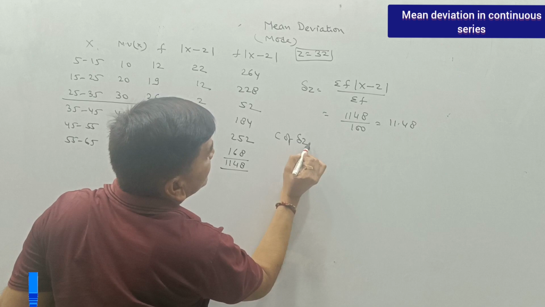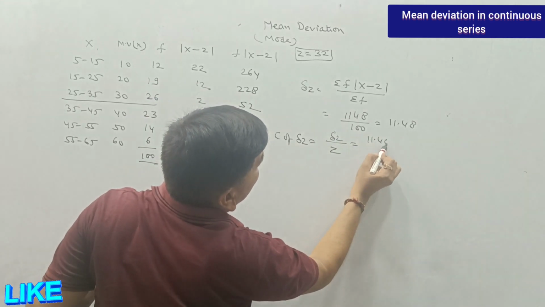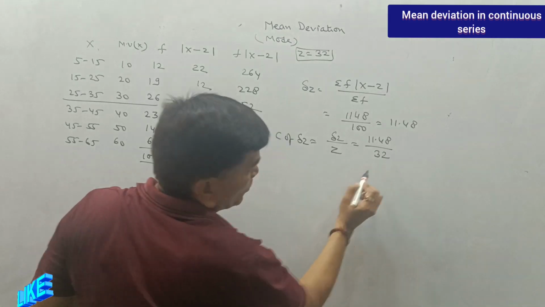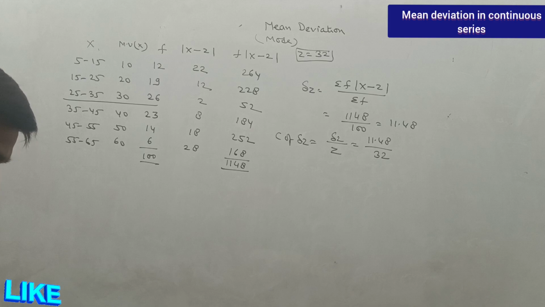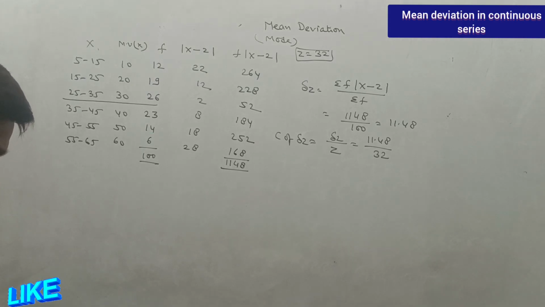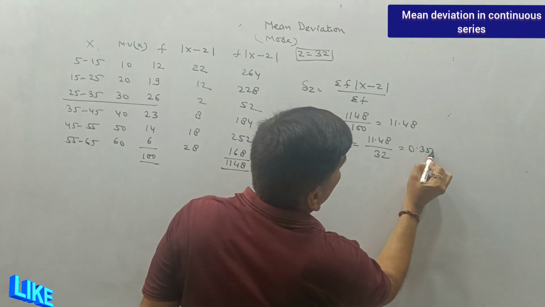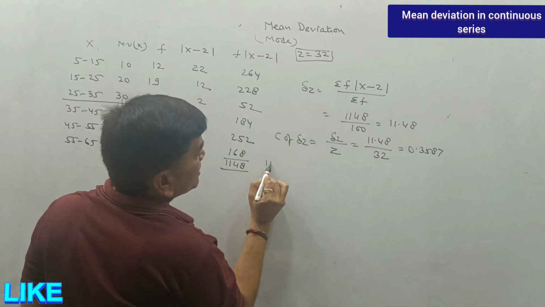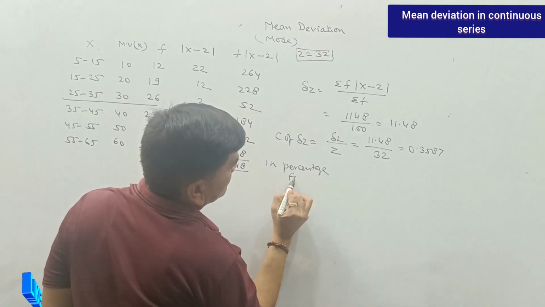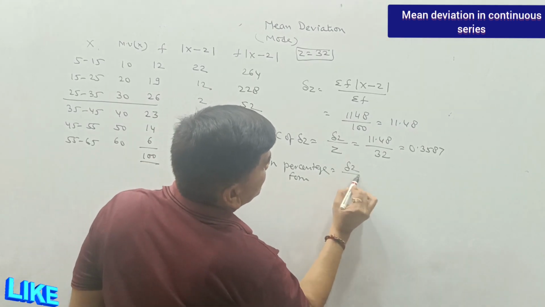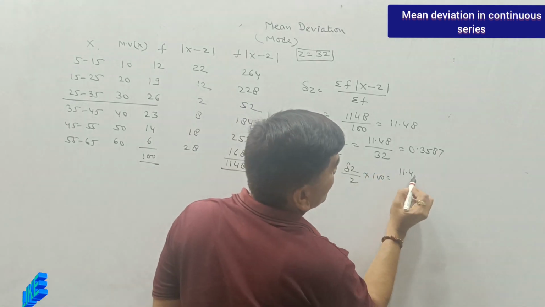Coefficient of delta z is equal to delta z divided by the value of z, 11.48 divided by 32, that will be 0.3587. In percentage form, delta z by z multiplied by 100, it is very beneficial for comparison.